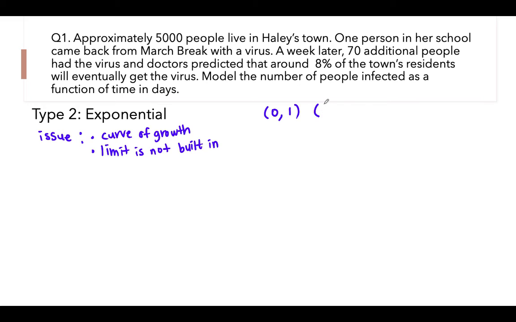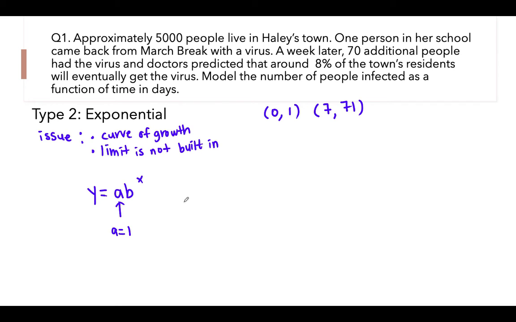And then a week later, 7 days, 71 people were infected. So if it's exponential, the standard formula is y is equal to ab^x. So in this case, the initial value, which is a, is equal to 1. That's my starting point, the y-intercept.